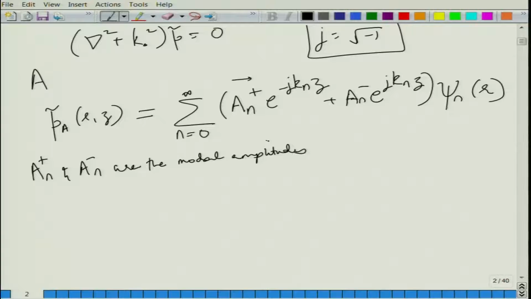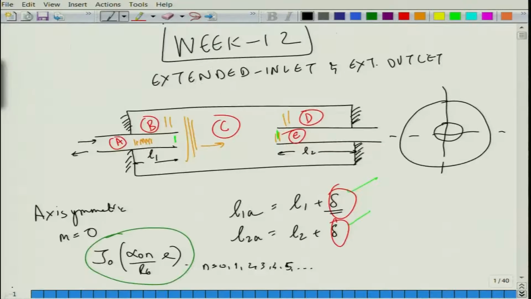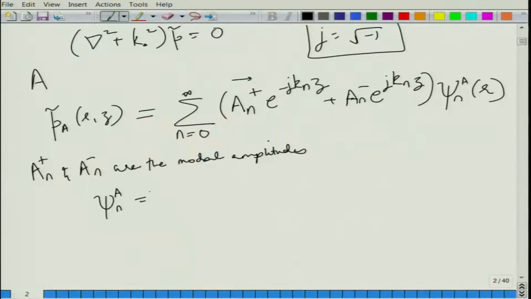And for the region A, xi n is just the Bessel function. So, let us write it down. Let me make a small correction here. Let me call this xi n A, n is the nth mode, and A means the port A here, and this is equal to J naught, m is 0 here, of alpha m n.